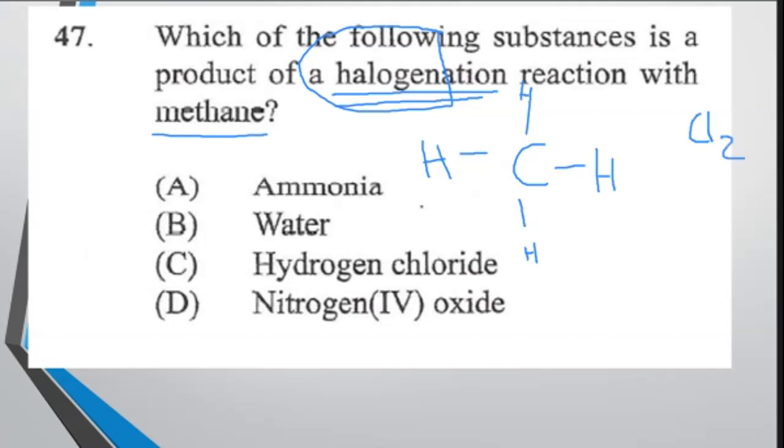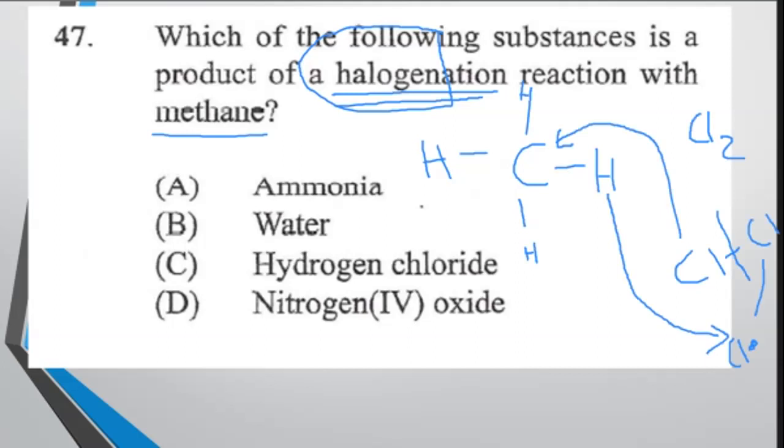What is going to happen is the chlorine is going to split, Cl, Cl, to give me chlorine radicals. So one chlorine attacks the carbon, and hydrogen is lost, and it binds with the next chlorine that remains.